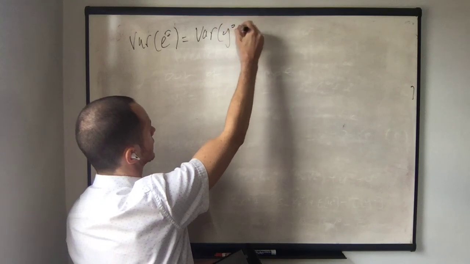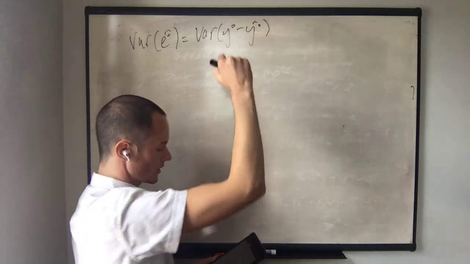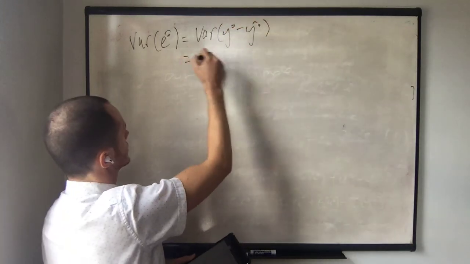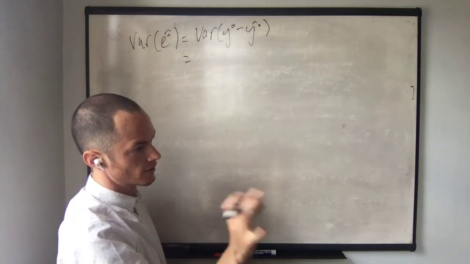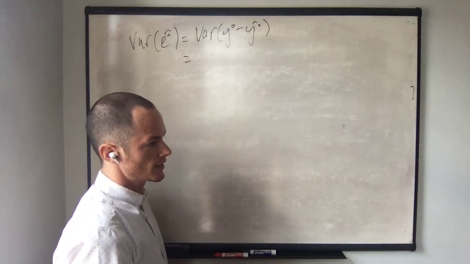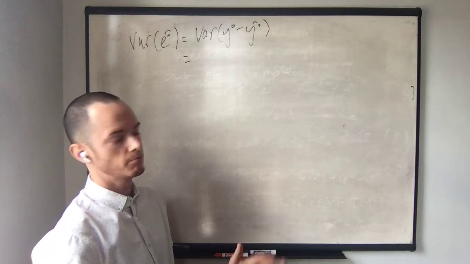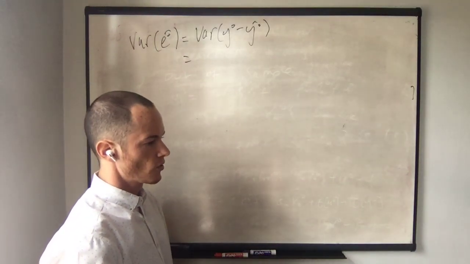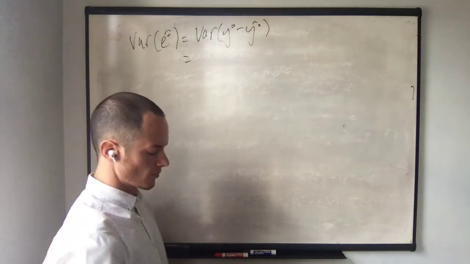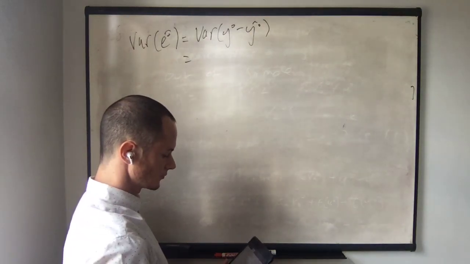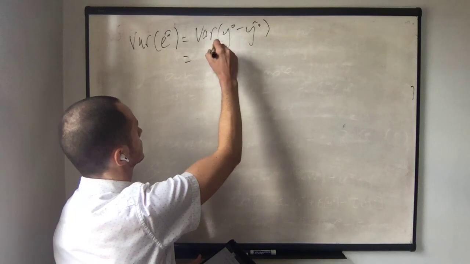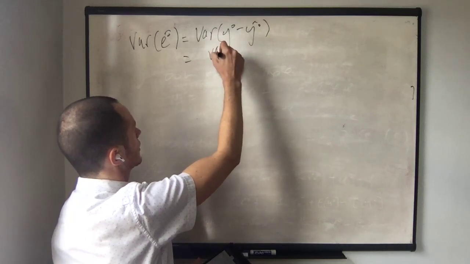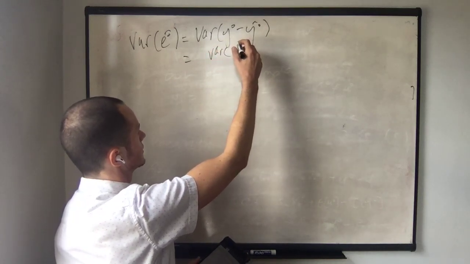Y naught minus y naught hat, which is equal to, so the betas and the x's, they don't vary. The betas are population parameters, the x's are fixed in repeated samples. So they're not random variables. So they all drop out of the variance expression.